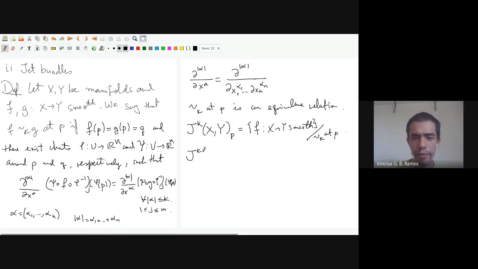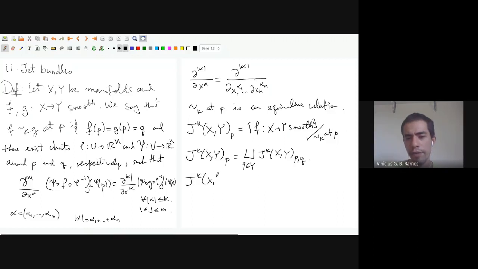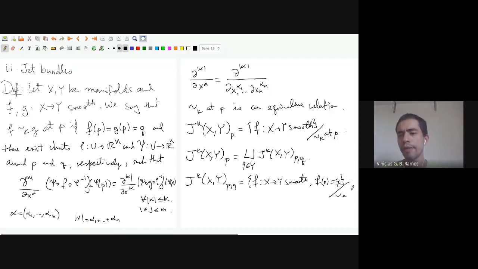So you can actually write this as a disjoint union over y of J^k(X, Y)_{p,q}, where you fix the image too. Now this J^k is just the set of functions such that F of P equals Q, and then you mod out by this equivalence relation.